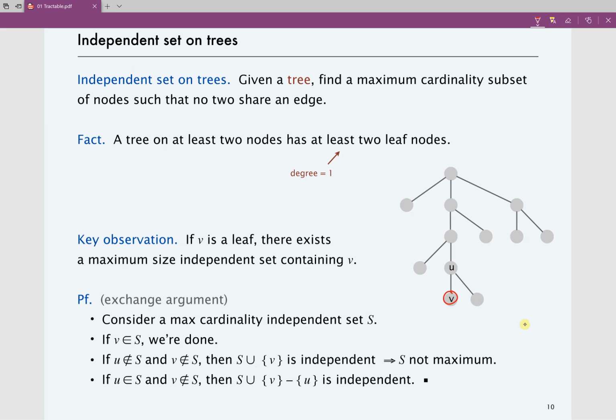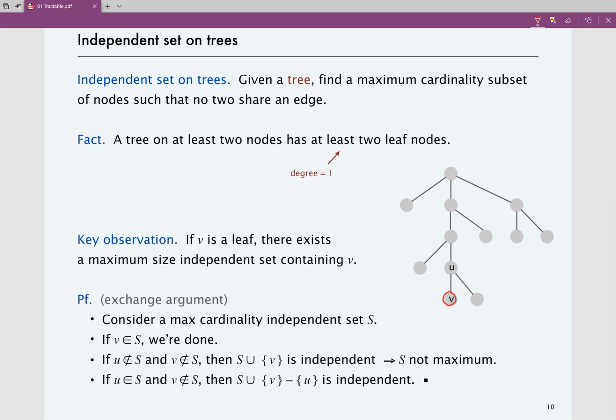So the final case is where u is in S but v is not in S. Suppose you currently have an independent set where u is in the set and v is not. Well, now we can actually take u out. If we take u out, we still have an independent set, and we're going to add v in.